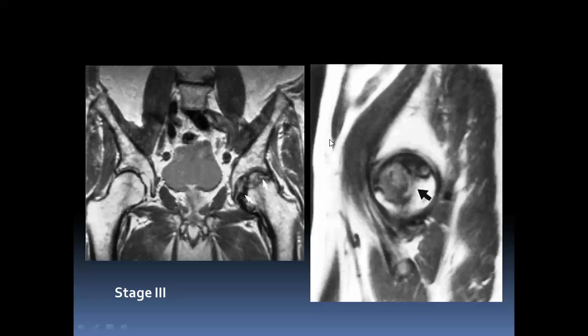And in stage 3 here we have the fragment. There is fragmentation, part of the bone is lost, and here the head is seen compressed, flattened, fragmented, and may show loose bony bodies.